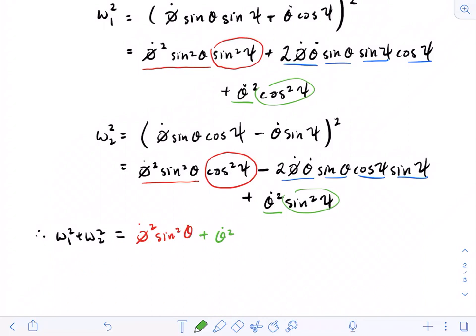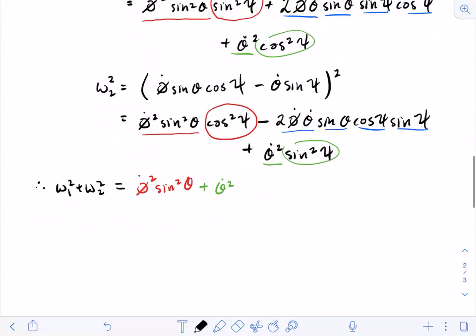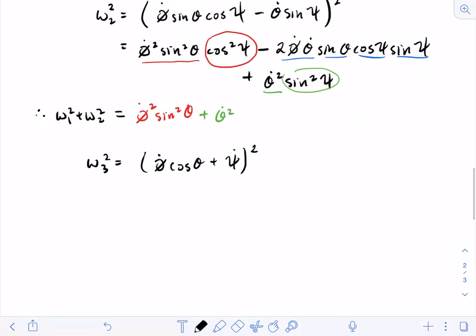What we have to do also is the omega 3 squared. So omega 3 is equal to, if you look back two videos ago, phi dot cos theta plus psi dot. And then we have to square that as well. Okay, so then our kinetic energy, which is all rotational, because we're imagining the point of contact with the ground is a fixed point, so there's no translation.